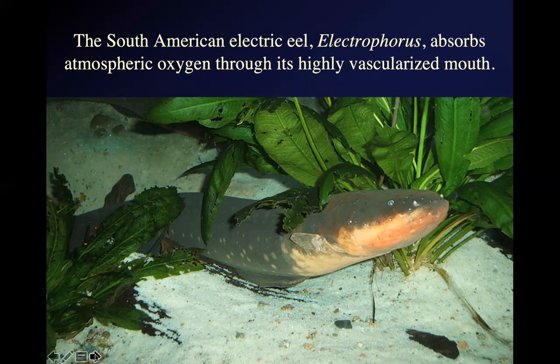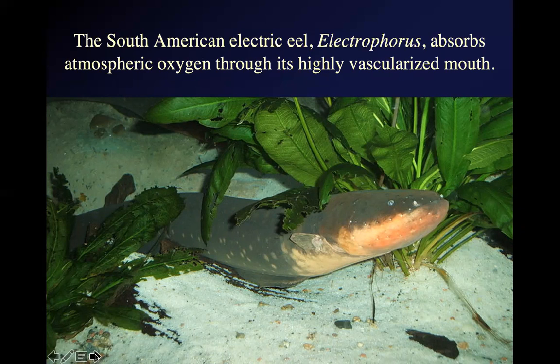So the South American electric eel, this is the one that can cause a noticeable electric shock. Living in the Amazon basin as it does, it tends to be exposed to low oxygen conditions because its water can be very hot and full of decaying vegetation.